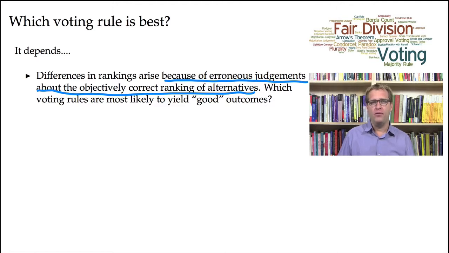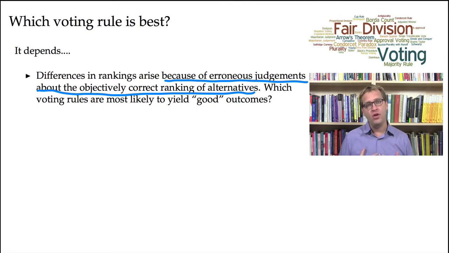Now, unfortunately, the voters are in a situation in which they don't know this objective correct ordering. They each have, let's say, different information, or perhaps even different ability to use the information and evidence they have in order to determine which of the alternatives is actually objectively the best.